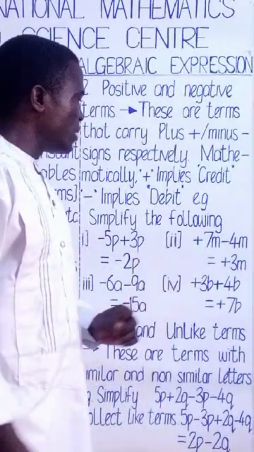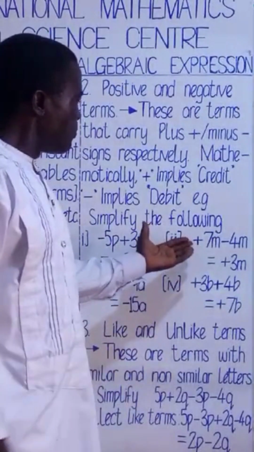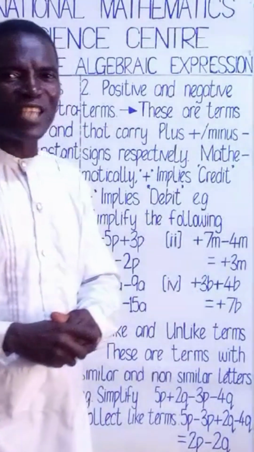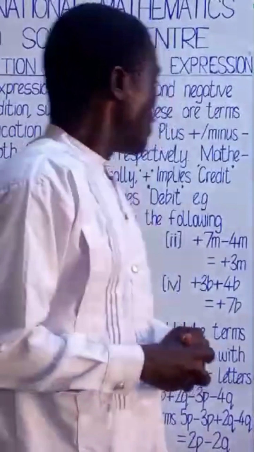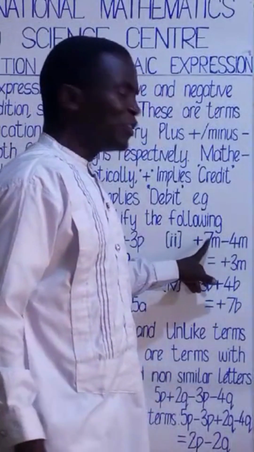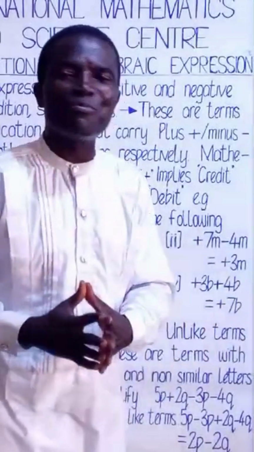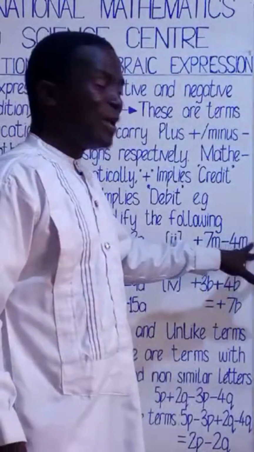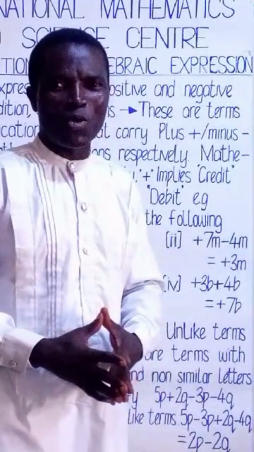Then we proceed to number 2. The question says, simplify plus 7m minus 4m. Plus 7m is the amount of money that you have with you, while minus 4m is the amount of money that you are owing.